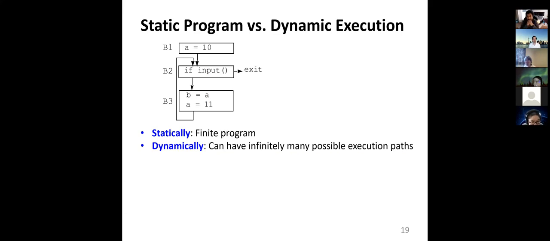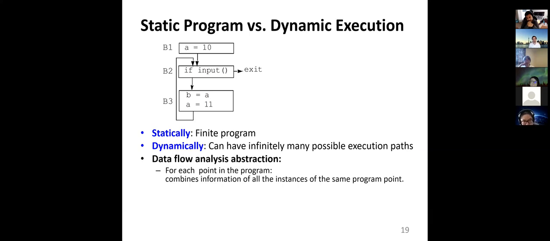Statically, the program is represented as a piece of code, a finite program, like multiple lines of, say, C code or some intermediate IR, it doesn't really matter. It's all finite and simple, but it can have infinitely many possible execution paths, because I can take all these different branches and I might be sensitive to the input information. All that can cause gazillions of different dynamic paths.